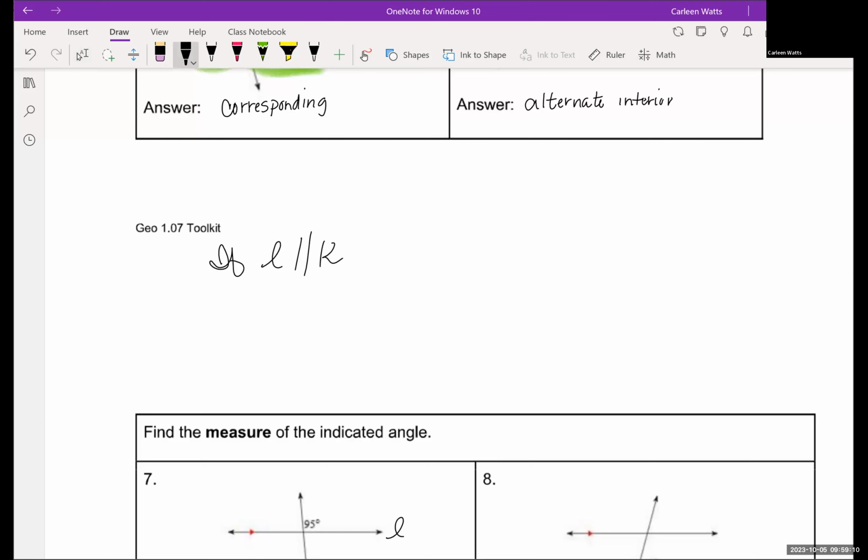Then corresponding angles are congruent. Congruent means their measures are equal. Objects are congruent, measures are equal. Like if you and I were the same height, we're not the same person, but we have the same measure, the same height. Corresponding angles are congruent. Alternate interior angles are congruent.